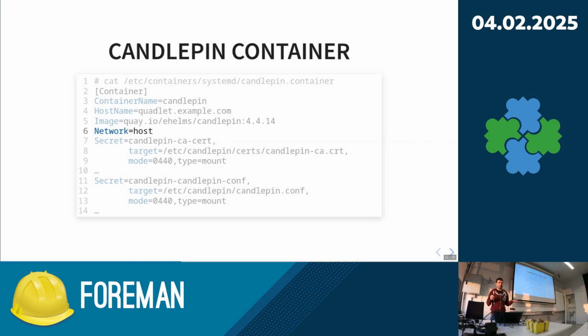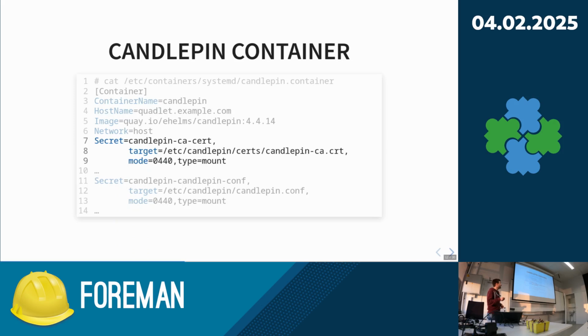Then, because I was slightly lying to you, we don't need modifications to Candlepin itself, but we still need to provide it with certificates. And we still need to provide it with a small configuration for how to access the database. We provide it with secrets. Secrets is a very nice concept in Podman, where you can create an artifact, a file or a string, and then you can provide it here, for example, with a mount.